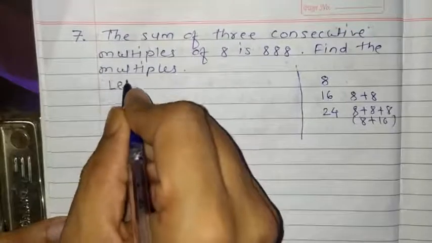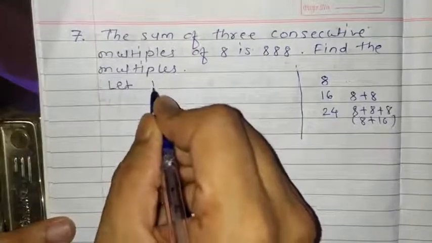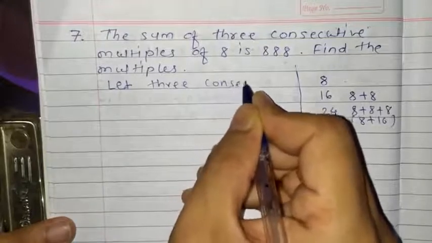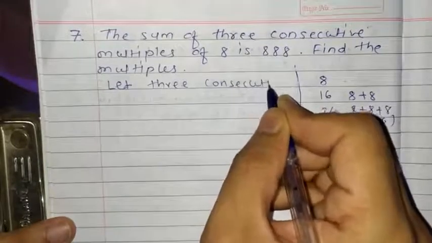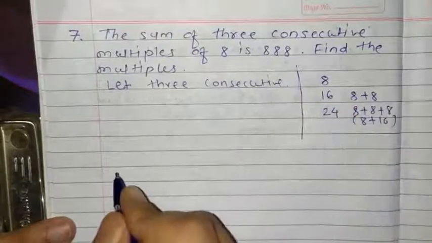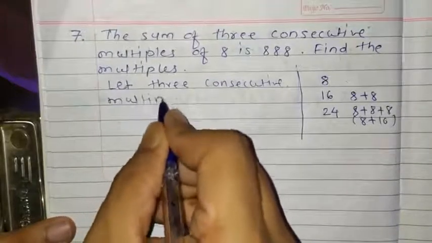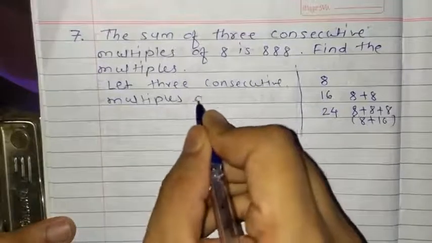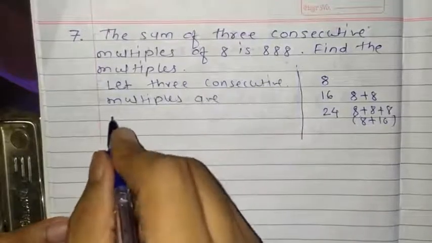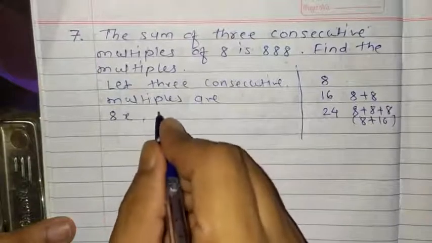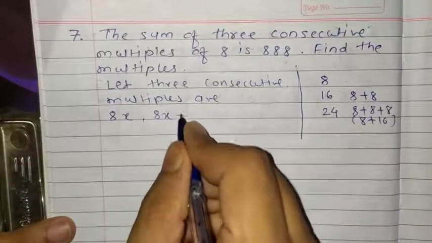So here we assume let 3 consecutive multiples be. So first one you have to assume 8x, and then you write 8x plus 8.